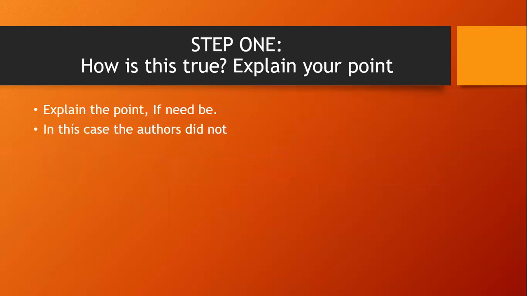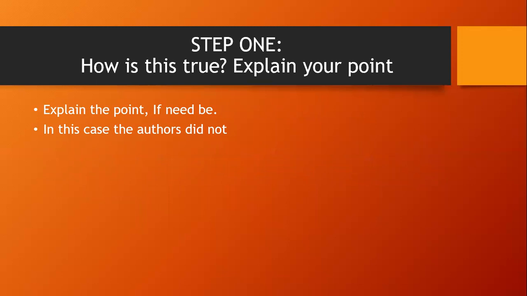Now, the next thing you need to do is to ask yourself the question, how is this true? You have to explain your point if need be. There are times that after stating the point, it is not clear enough in itself, and you have to try and explain it.